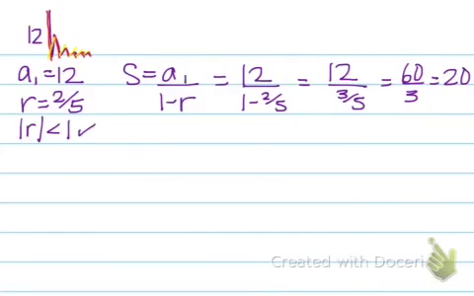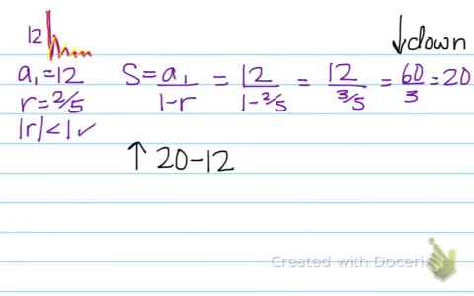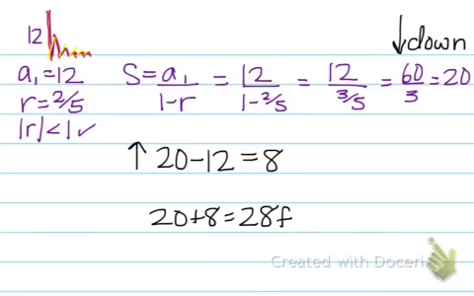So in order to take out that initial 12 feet, we're going to take our 20 that we just got, and we're going to subtract that initial 12 from the value of 20, which is the sum of all of the downs. So 20 minus 12 gives us 8. So then all we have to do is take the ups and add them to the downs, so we get 28 feet.